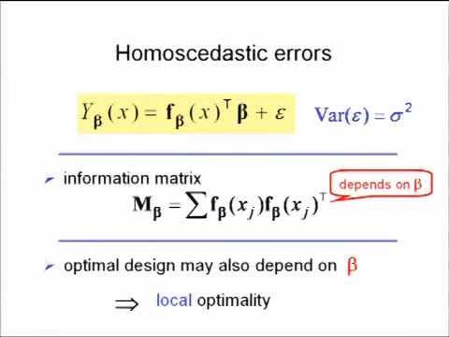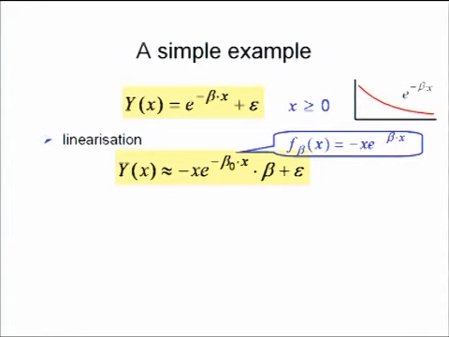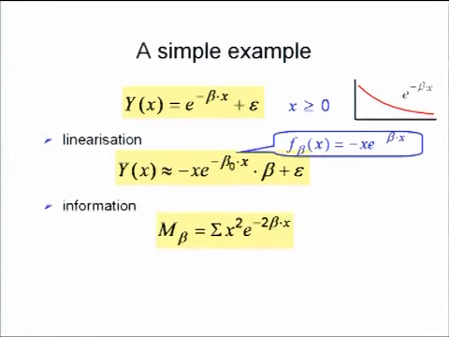But this is another level of making things even more difficult. Simple example, take this exponential decay. If you linearize that, you get this linearized model where this is a derivative with respect to the parameter, and the information, which is a 1-by-1 matrix, is just the sum over x squared times e to the minus 2 beta x.